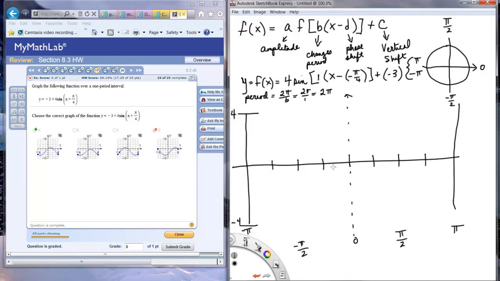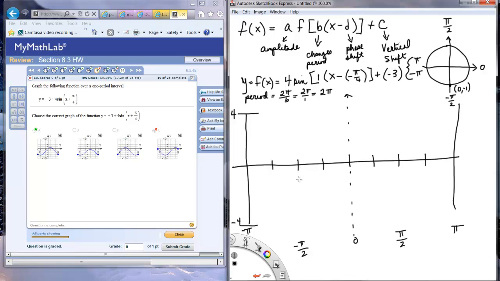So, let's start with negative pi over 2. Negative pi over 2, this is the point 0, negative 1. And the sine we know is the y value on the Cartesian coordinate system of this point. So the sine of negative pi over 2 is negative 1.